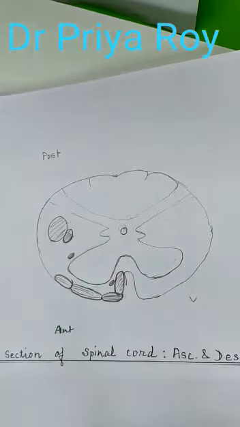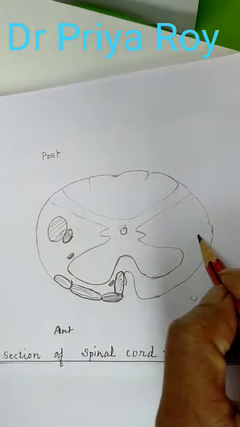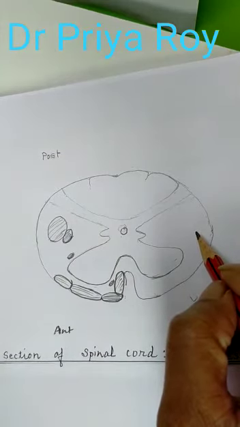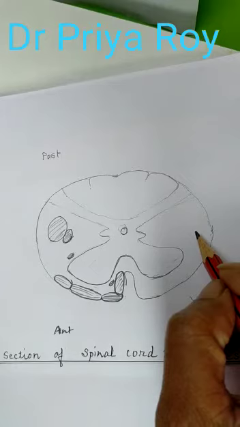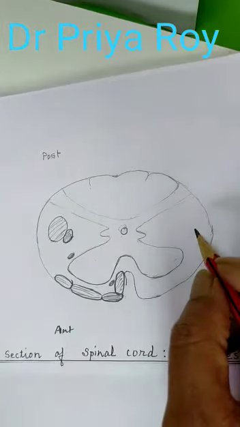Now on this side we will draw the ascending tracts. Ascending means spinal cord to cortex. The names are very simple: spinothalamic, spinocerebellar, spinotectal, spino-olivary. Okay, so we will see the tracts.